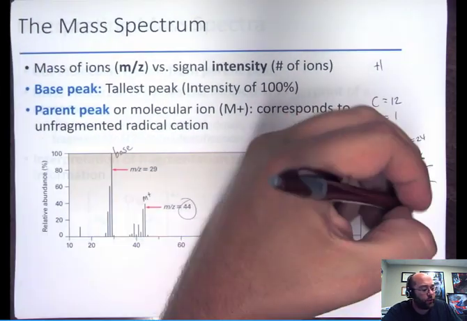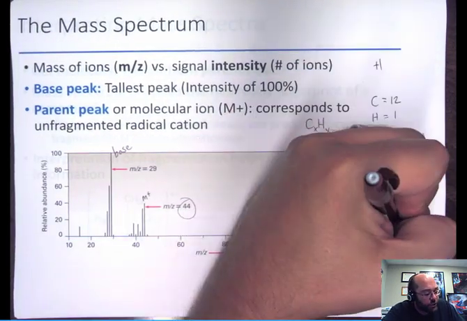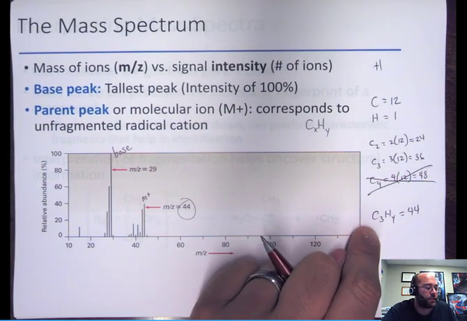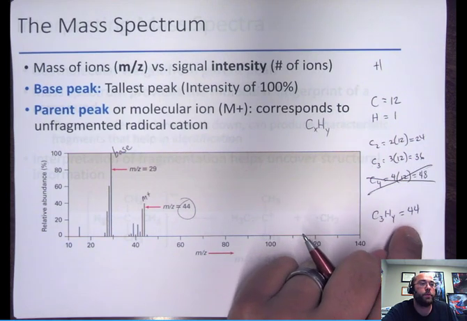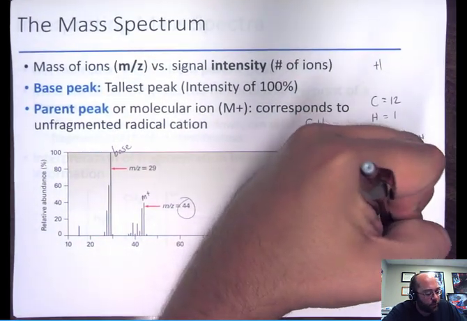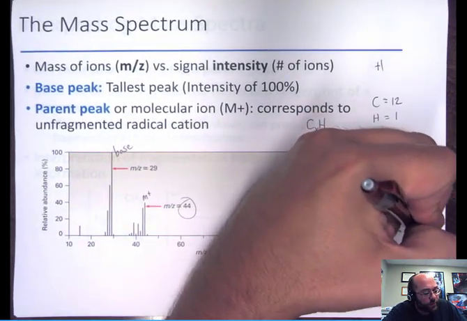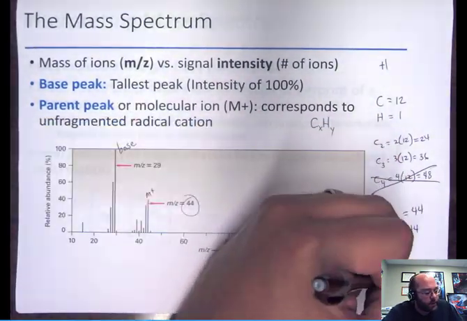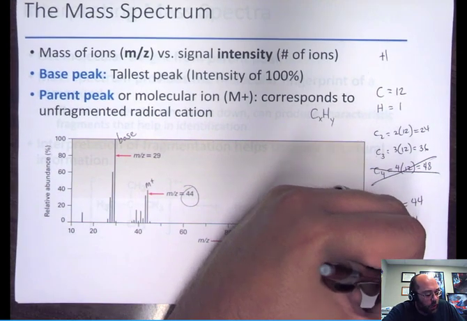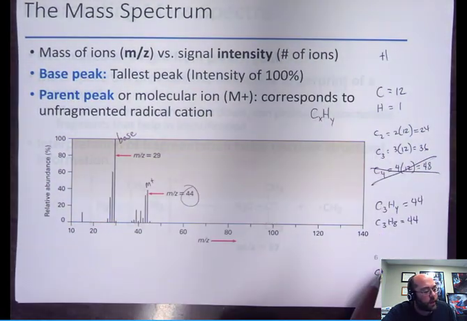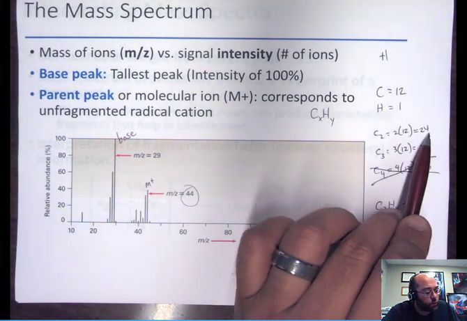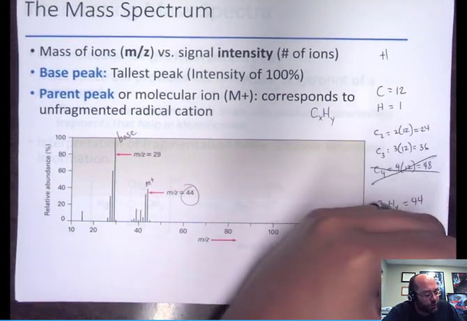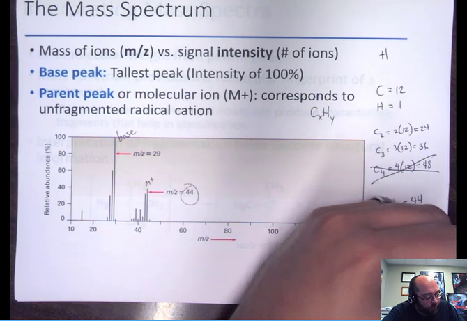So for C3H_y, that has to equal 44. So I just say 44 minus 36, which is 8. So C3H8 would give me a mass of 44. If I look here at C2H_y equaling 44, well, 44 minus 24 is 20, so C2H20 would give me a mass of 44.